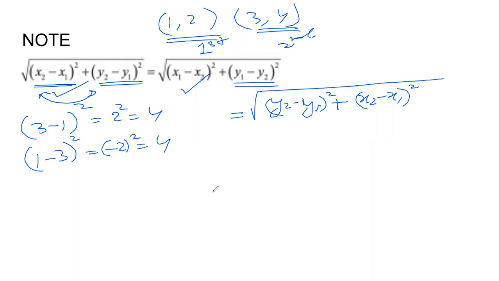Does it matter? 2 plus 3 is 3 plus 2. If this is the case, you tell me what the fourth one is. Fourth one can be. Speak up, it will be faster.